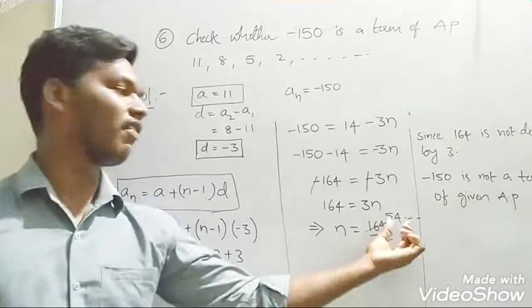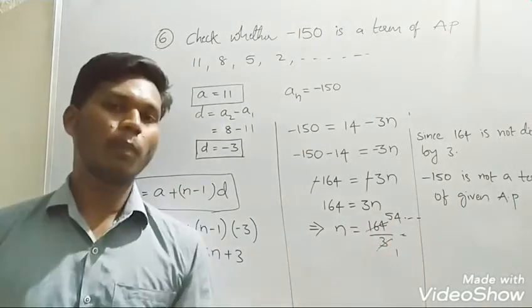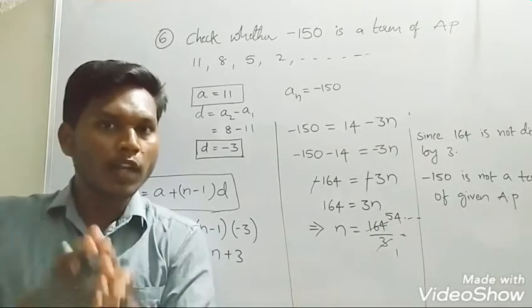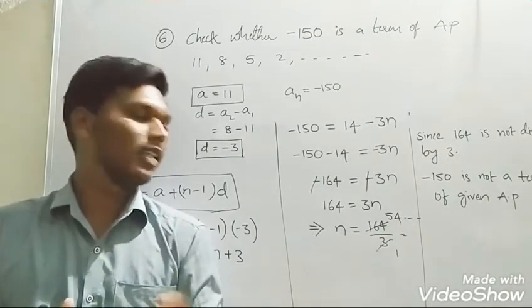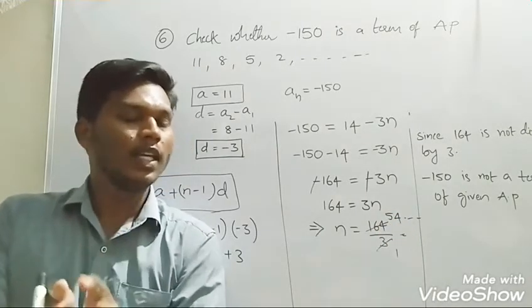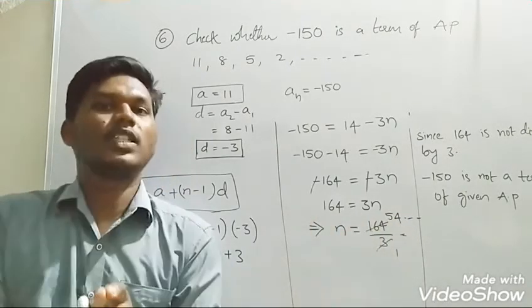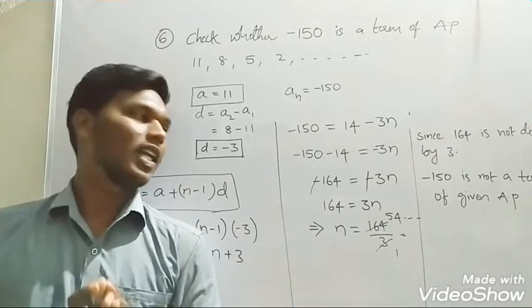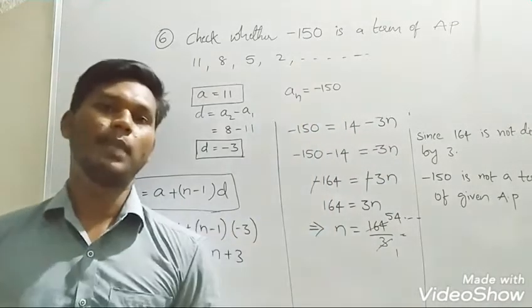Because we don't know the exact value of n, it is 54 point something. It cannot be a 1.2 term or 1.3 term like that. So here we are getting the value 54 point something, that means it is not exactly which term it is. So that is the reason I have written minus 150 is not a term of the given AP.